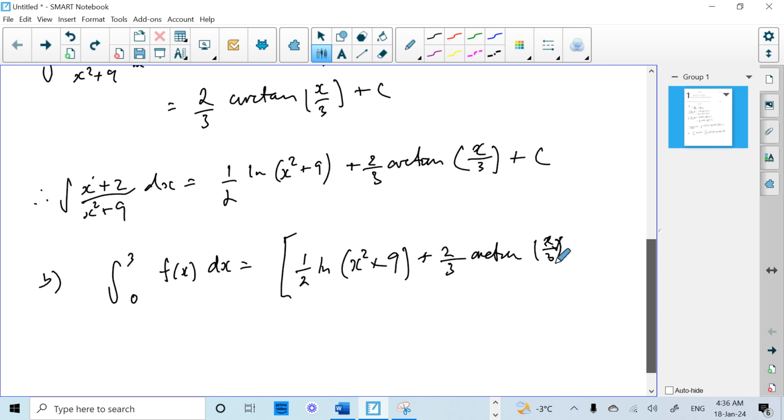Just write x over 3 as normal, with our limits of 3 and 0.